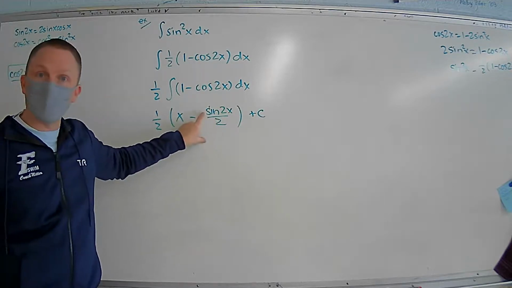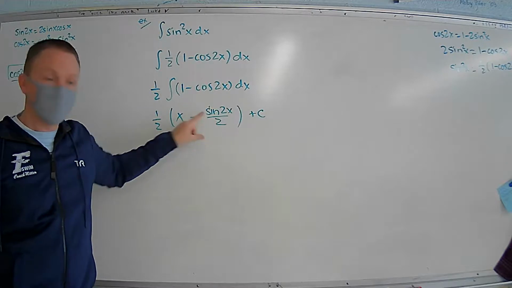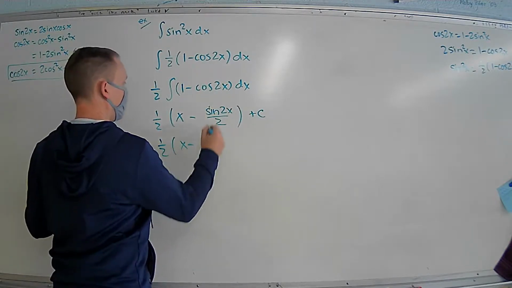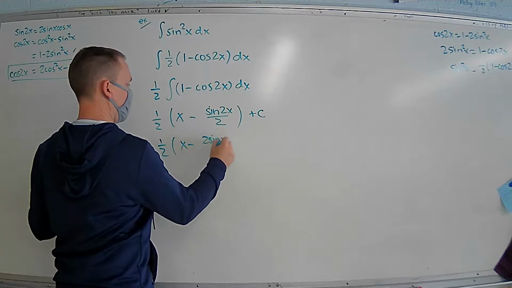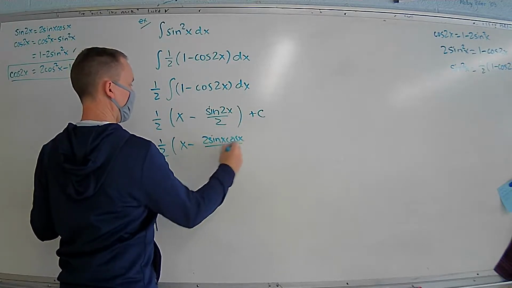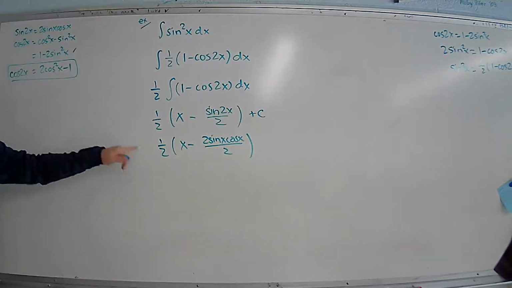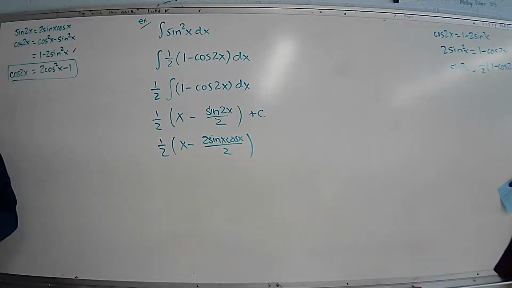If I take this sine of 2x right here and replace it with 2 sine x cosine x, that answer right there is going to turn into the answer that we got. Okay? Everybody see that? Question?